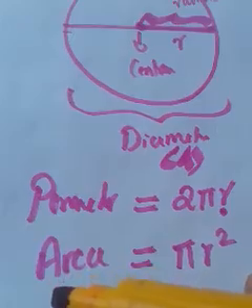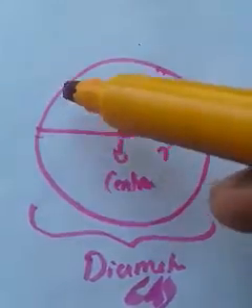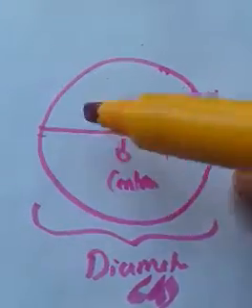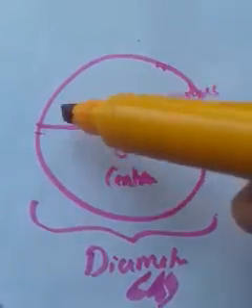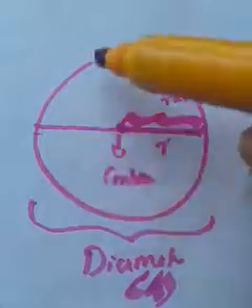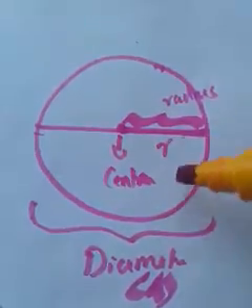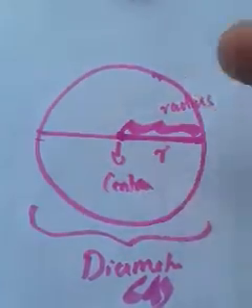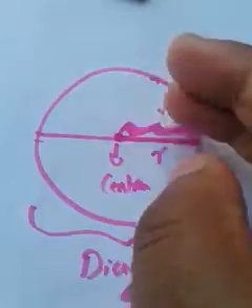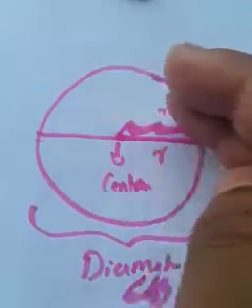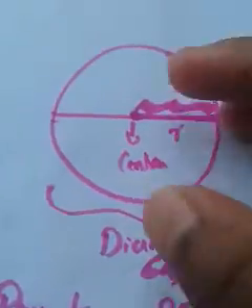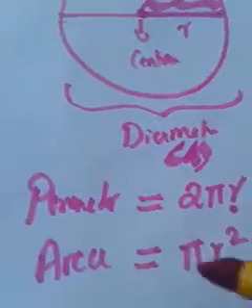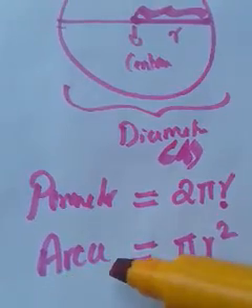And where we will use the concept of area is related to the interior portion. Suppose someone is going to floor tiles on the ground, that is related to the interior portion, so in that case we will apply the concept of area.